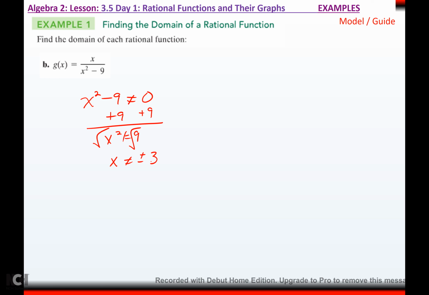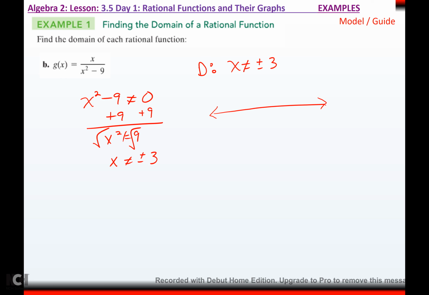Now, what that means is there are two ways to answer this. One way to answer it is to tell what can't be in your domain. So one way to express your domain is that x can be everything except for plus or minus 3. That's one way to say it. The other way to say it is in what we call interval notation.